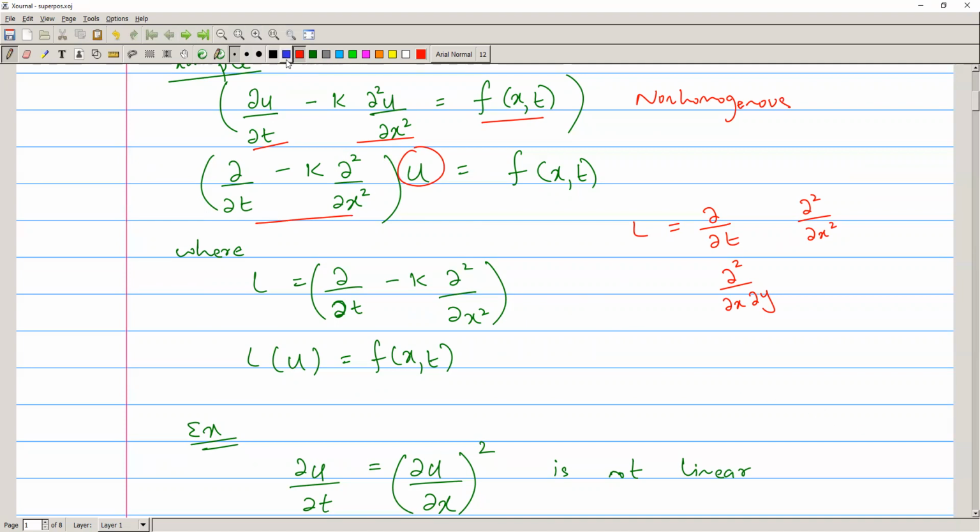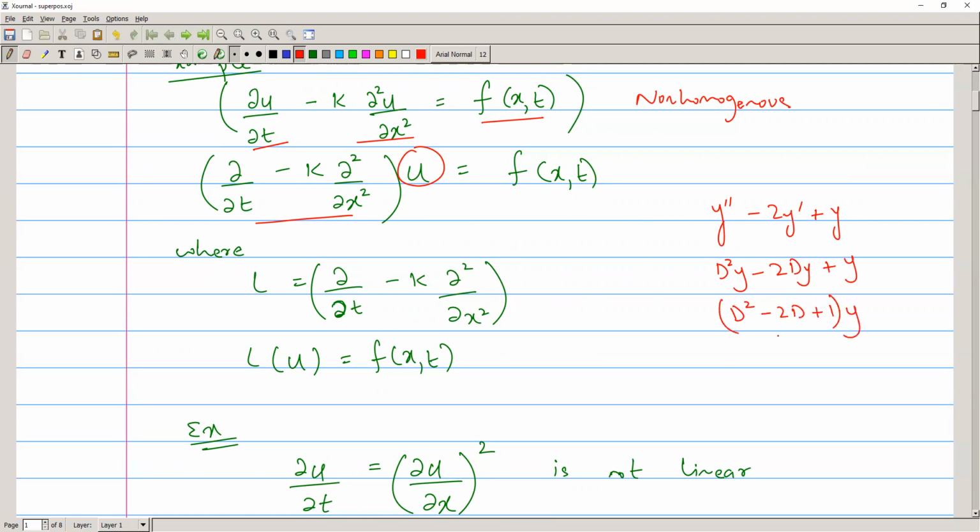So we can also recall the idea from ordinary differential equations, where we write the equation, for example, if the equation was given like this, we write it in this form: d²y − 2dy + y, and then we write it in this way.